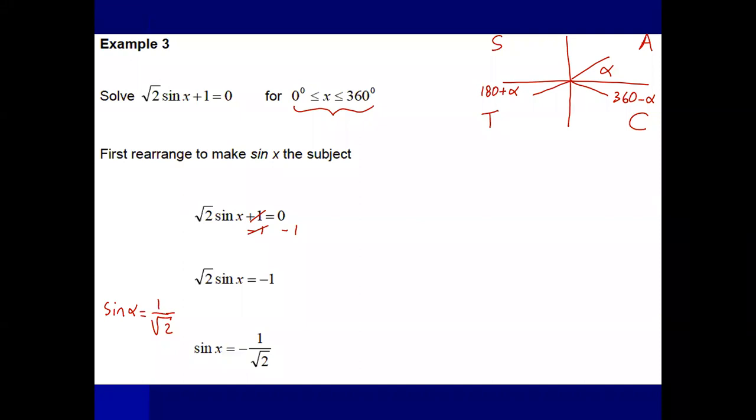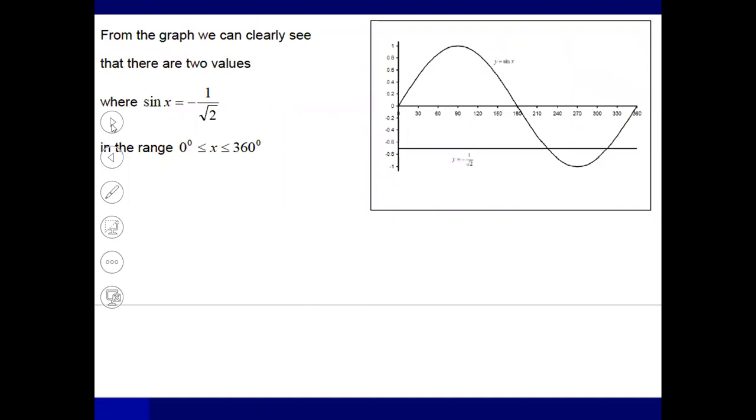Okay, so we've decided we're going to find alpha first. And in order to find alpha, I just need to do the inverse sine of 1 over √2. So first of all, as you can see here, third and fourth quadrant is what I'm looking for.